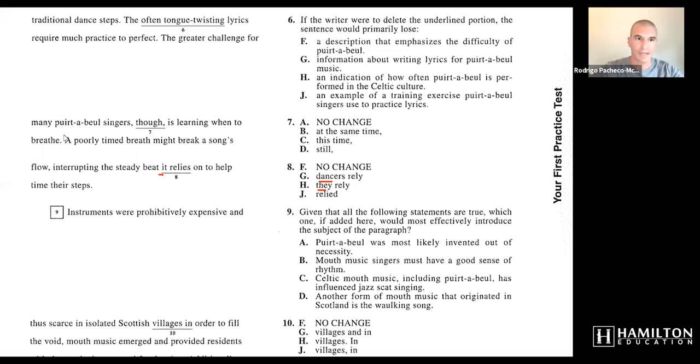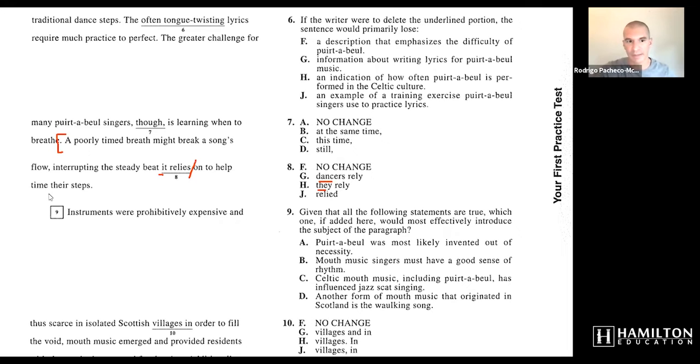So let's take a look at the sentence. Starting here, a poorly timed breath might break a song's flow, interrupting the steady beat. With F, no change here, we have it relies on to help time their steps. So this pronoun it seems to work up until we get to about here.